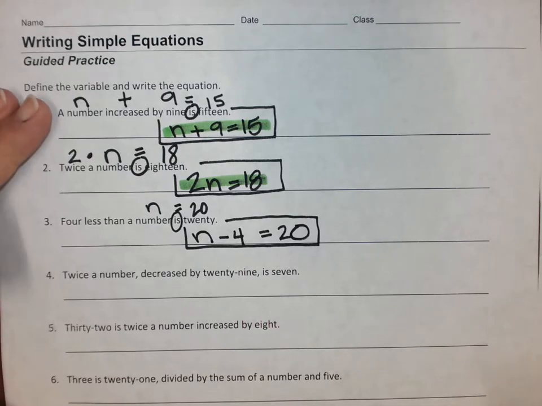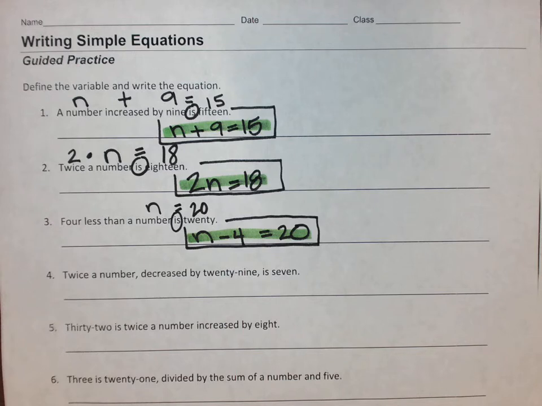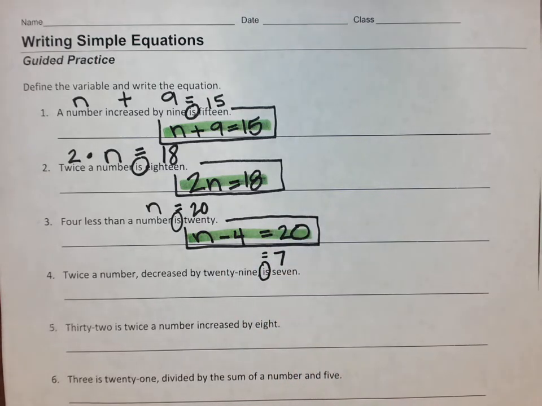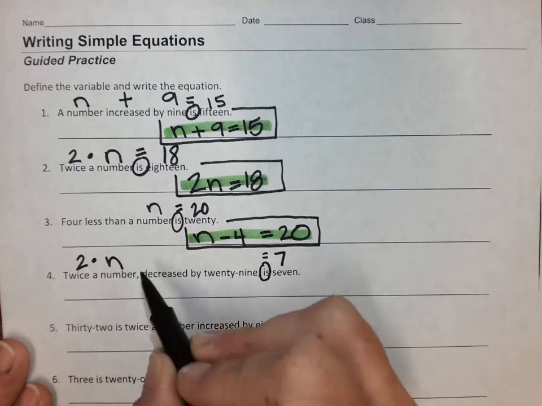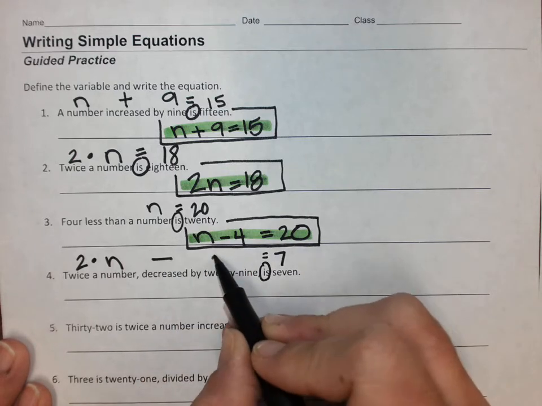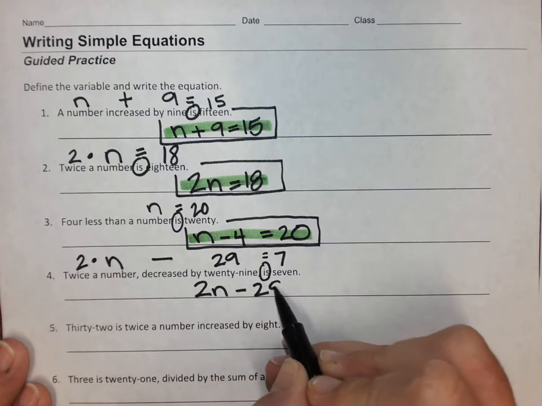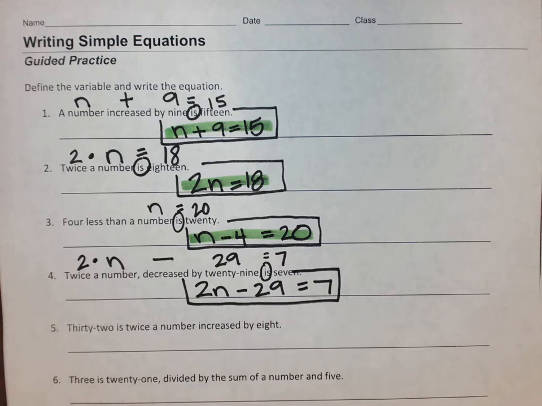Moving on to number 4. Twice a number decreased by 29 is 7. I love starting here because that's the easy part, right? Is 7. Twice the number, doesn't that sound like 2 times some number decreased by 29? 2n minus 29 is 7.